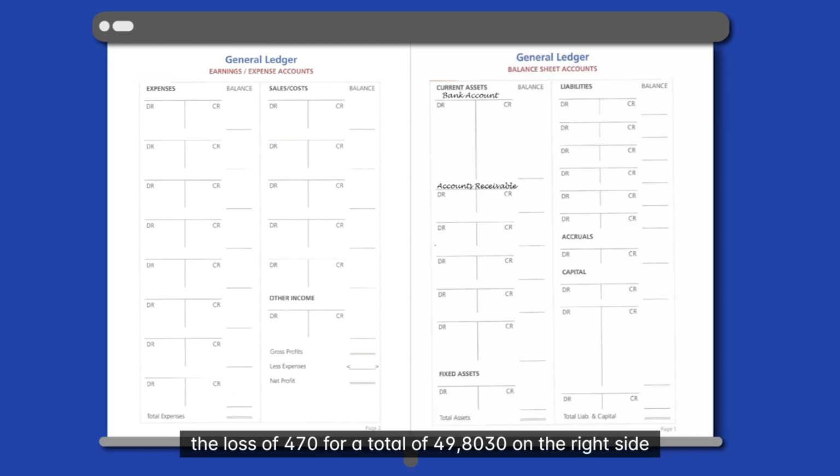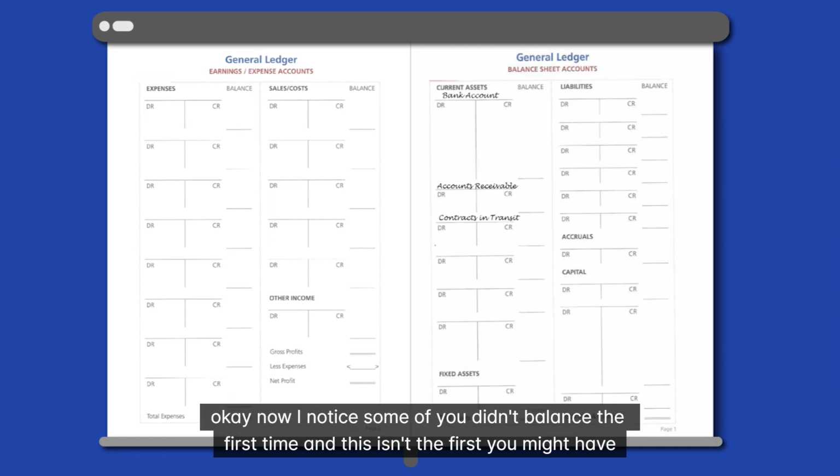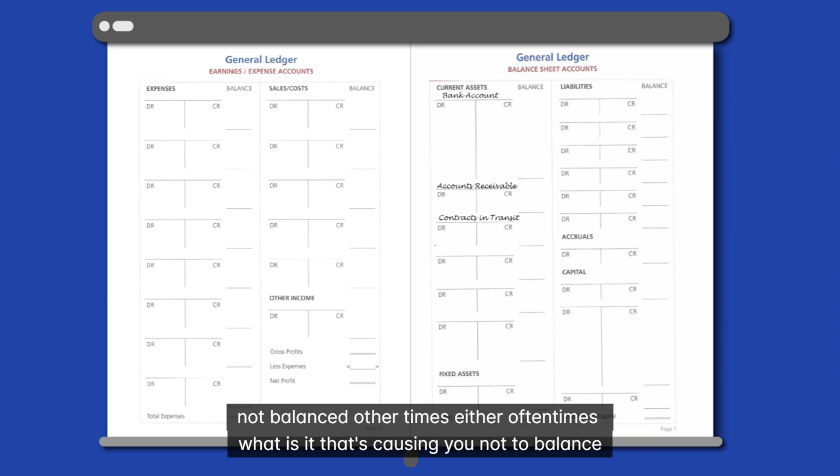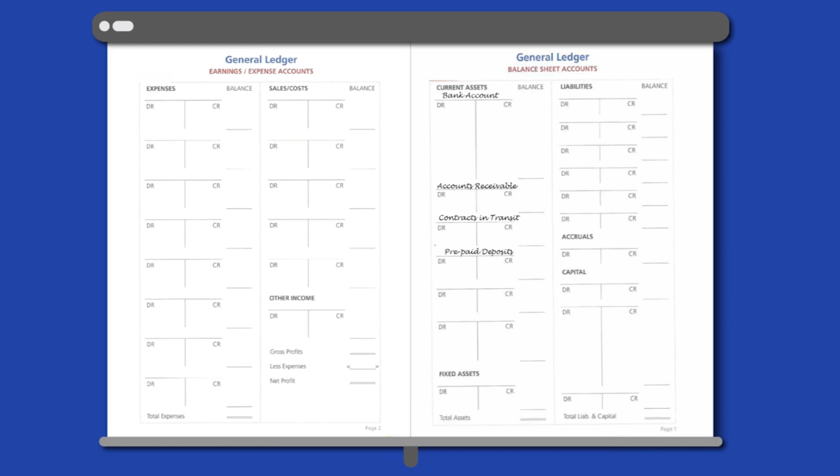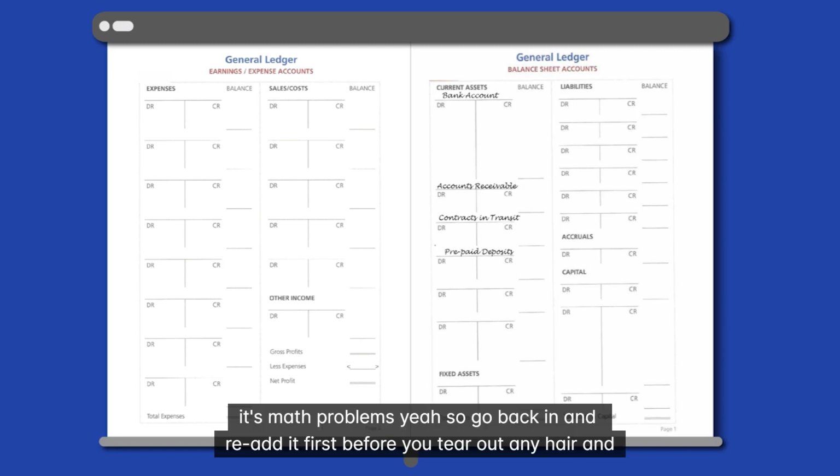It's also going to sell contracts to the bank, so we're going to have a contracts in transit. Going to have to pay first and last month's rent, so we're going to need what? Prepaid deposits.